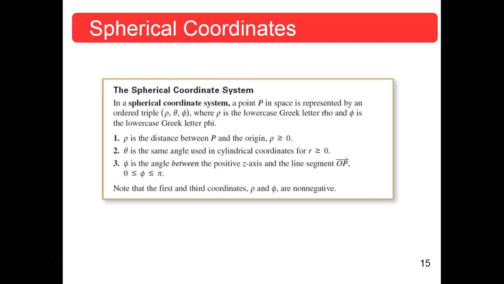And then phi is the angle down from the North Pole, basically. Rho is a lowercase Greek letter rho, phi is a lowercase Greek letter phi, and that, of course, is lowercase theta.